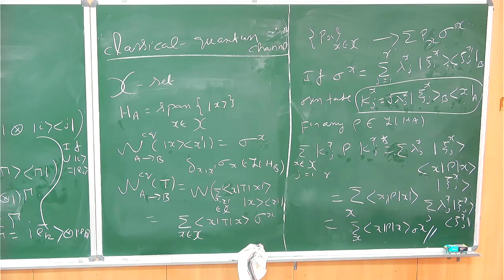So this will imply xx tensor sigma x. This is the Choi matrix of the classical quantum channel. So which is just you have a classical thing outside, in this one tensor part, and you have sigma x in the other one.